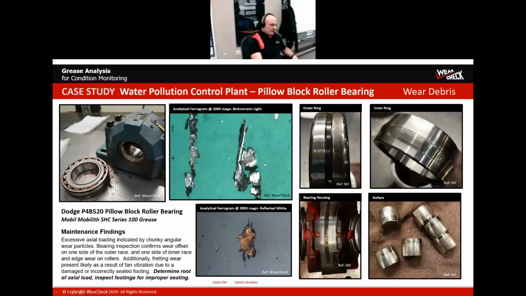And it turns out this was the inner bearing, and the concern here was that in order to generate a particle like this off an anti-friction bearing, whatever the style is, there's got to be some sort of an axial load. And so the concern was that there was improper axial loading as a result of these wear particles.